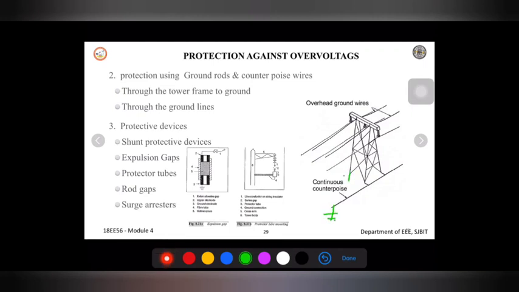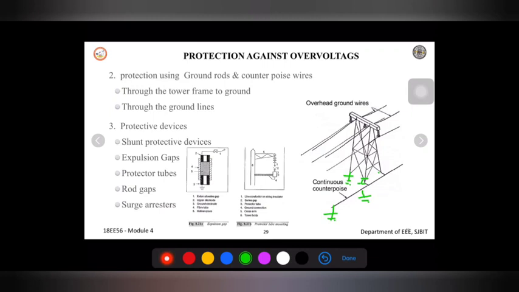So not only grounding the individual tower leg, we will also be grounding to the counterpoise, and it will be connected to the tower also. So that whenever this high voltage is present within a power system or transmission line due to lightning, it can easily drain to the ground using your tower frame or through your grounding wire.